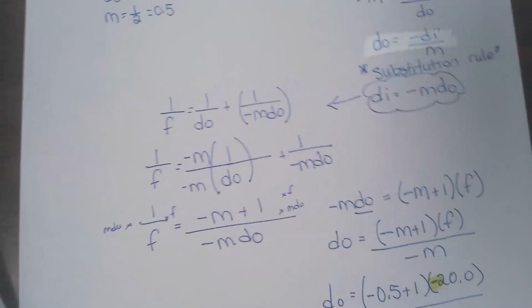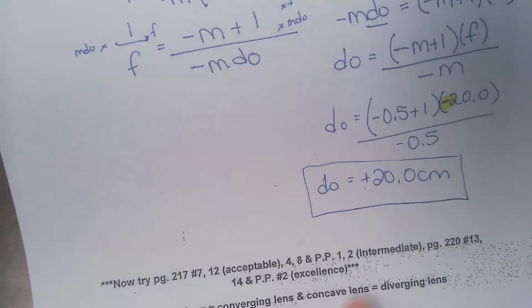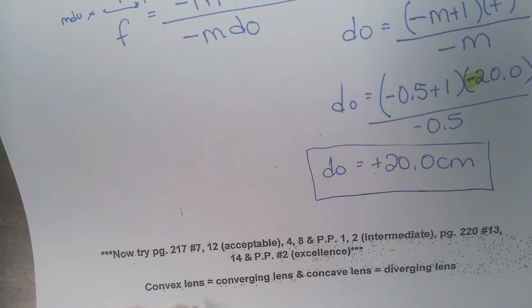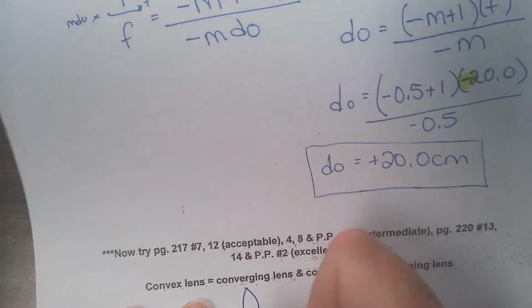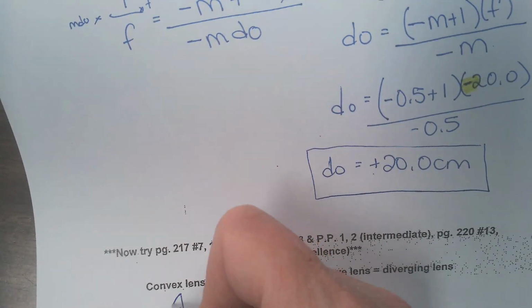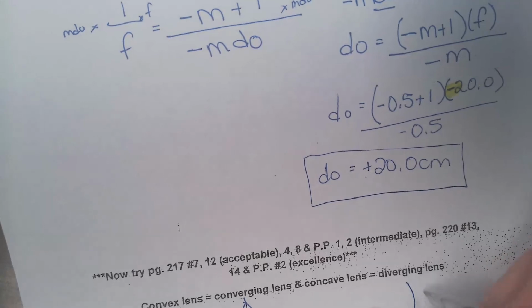So now you're going to try these practice problems. And remember, a convex lens is a converging lens, like this, and a concave lens equals a diverging lens.